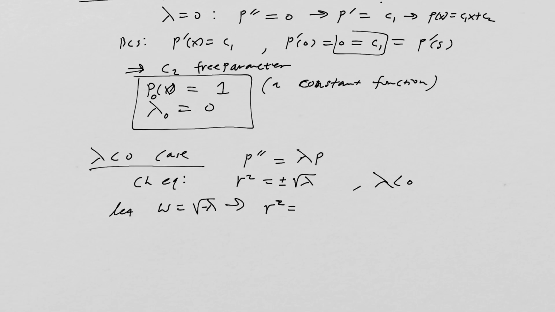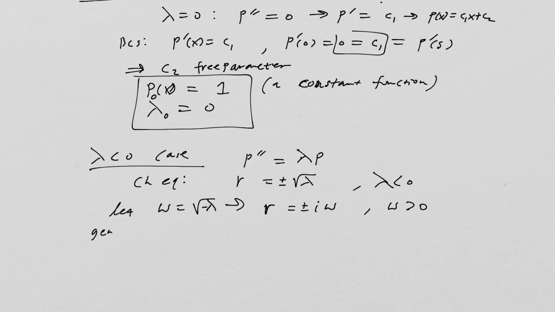Oh, sorry, I made a little mistake here in my notation. That means that r is going to be equal to plus or minus root lambda. So here we're going to have r is equal to plus or minus i omega, and here omega is going to be a positive parameter.